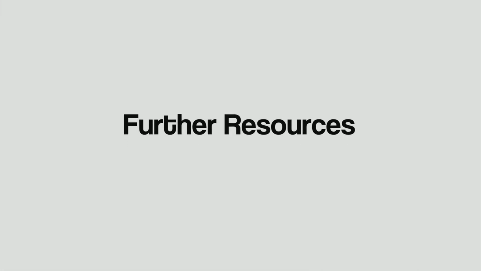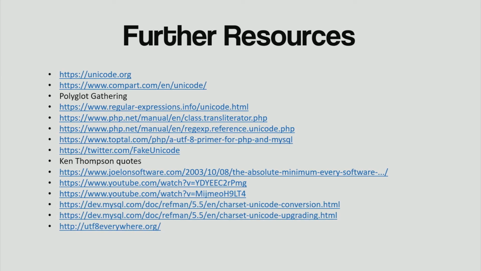You can have a look at most of the things that I learned from, especially this Polyglot Gathering. It's a conference about Unicode characters. Sounds interesting. And Ken Thompson is one of the people that started the first Unicode consortium in 1991, and he has said so many things that you can use in slides, so good quotes.